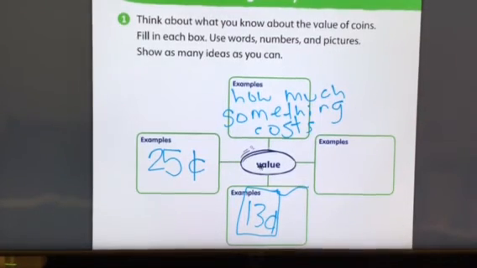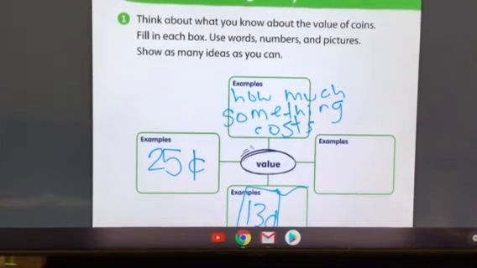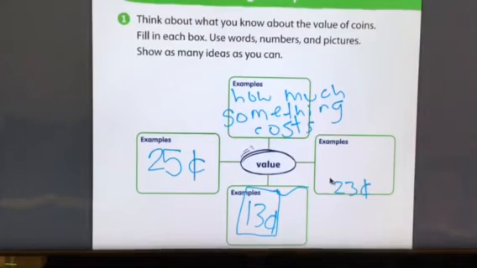And then another way to do value using a different kind of picture is when you see something written like 23 cents. The picture we're going to do here is showing the coins that you can use to get 23 cents. So if the value of something is 23 cents, I'm going to draw the picture of the coins I would need to get to 23 cents.